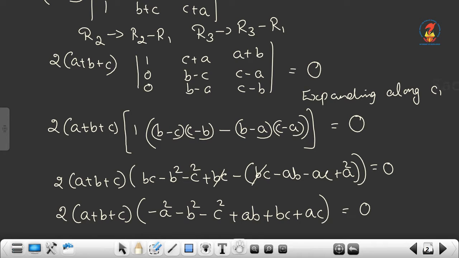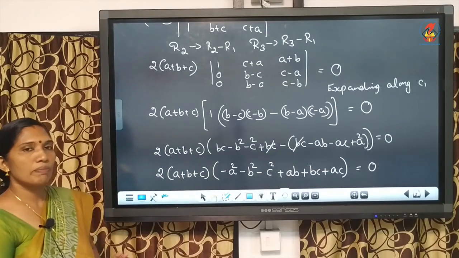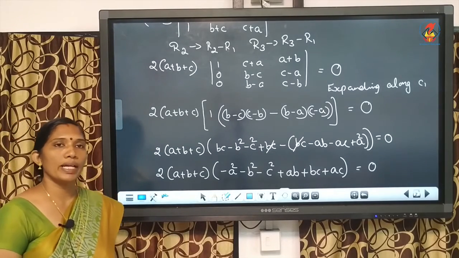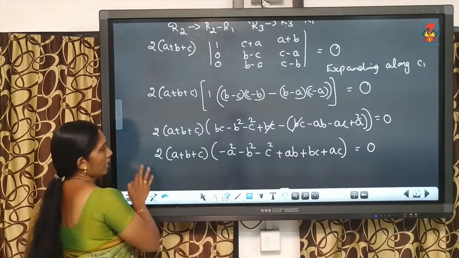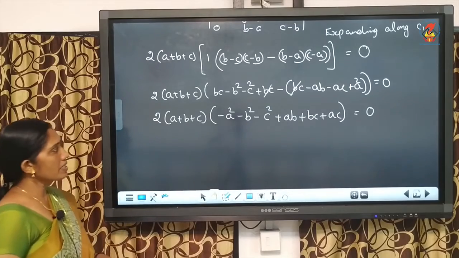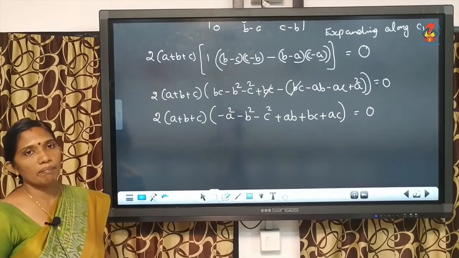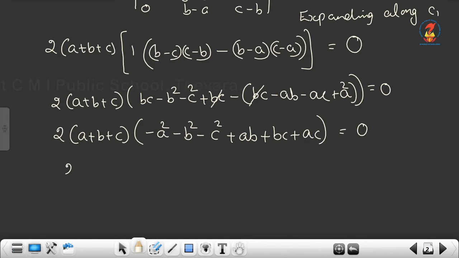But the answer is not like this. If this delta is equal to 0, you have to prove either A plus B plus C is equal to 0 or A equal to B equal to C. So again we have to simplify that. So what we do is we multiply and divide by 2, and this minus you can take outside.